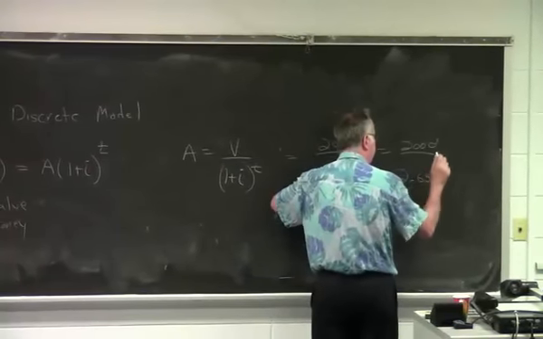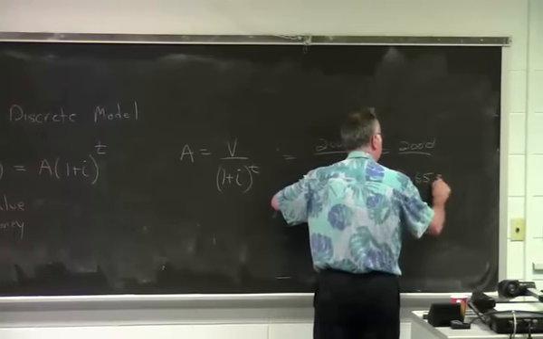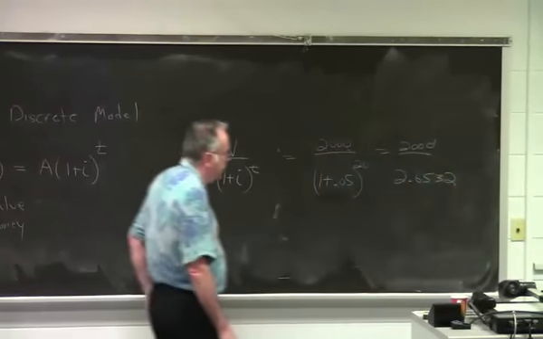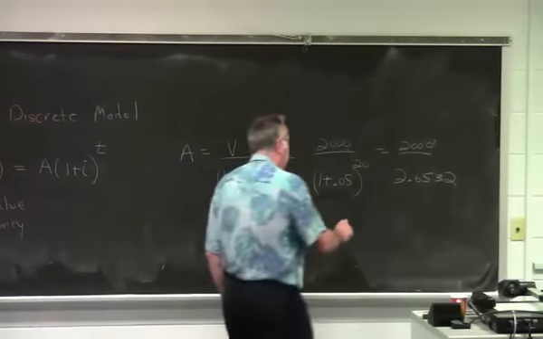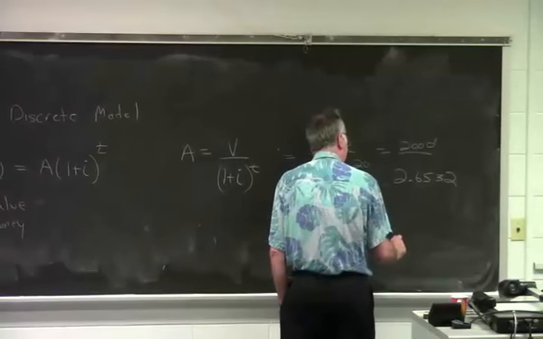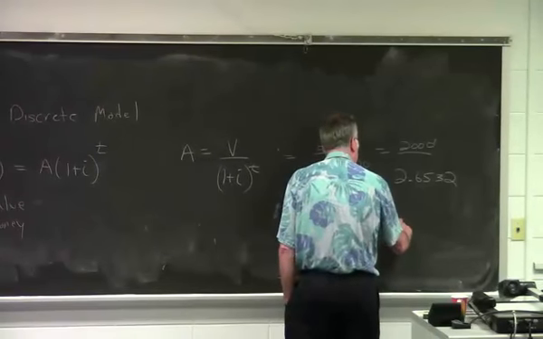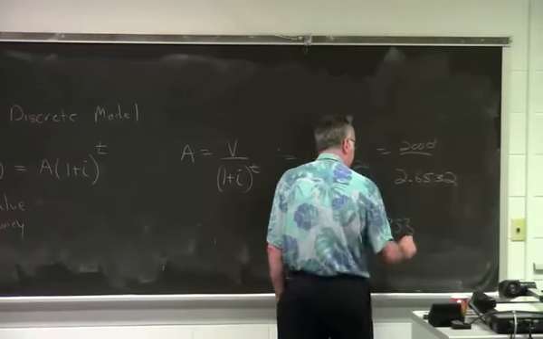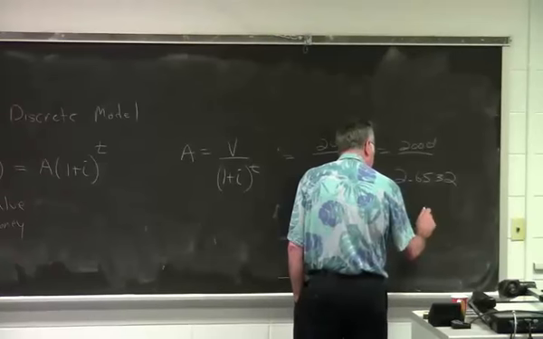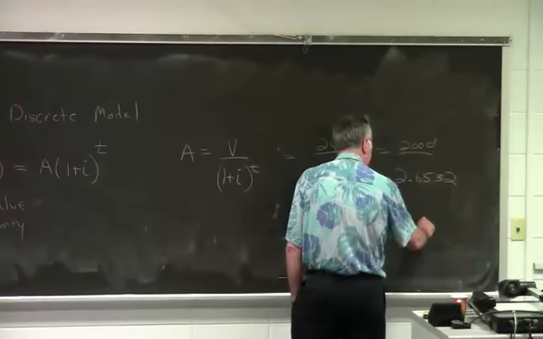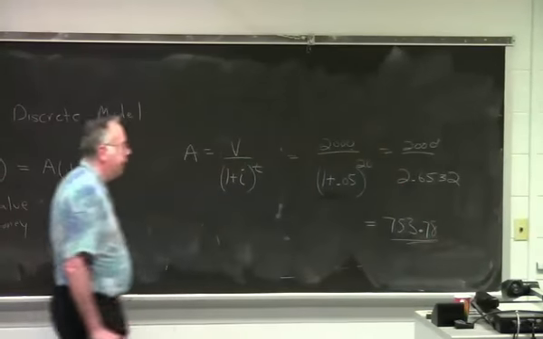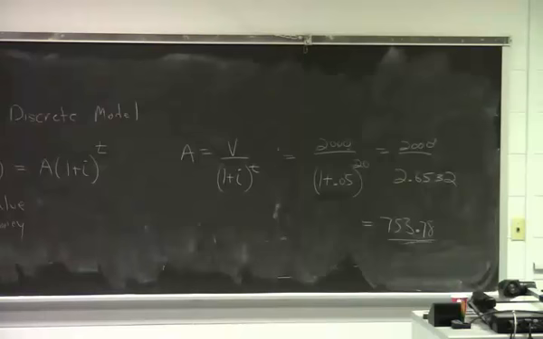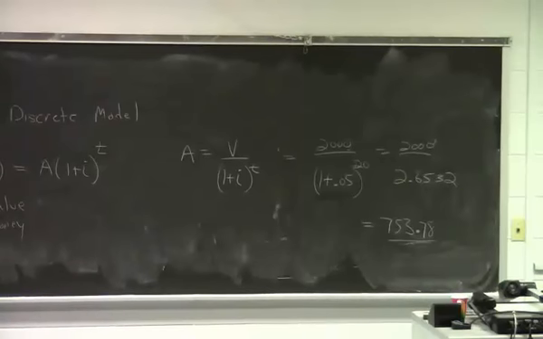Carry it out a couple more digits. 2.6533. Now divide 2,000 by that, and what do you get approximately, to the nearest penny? 753.78.